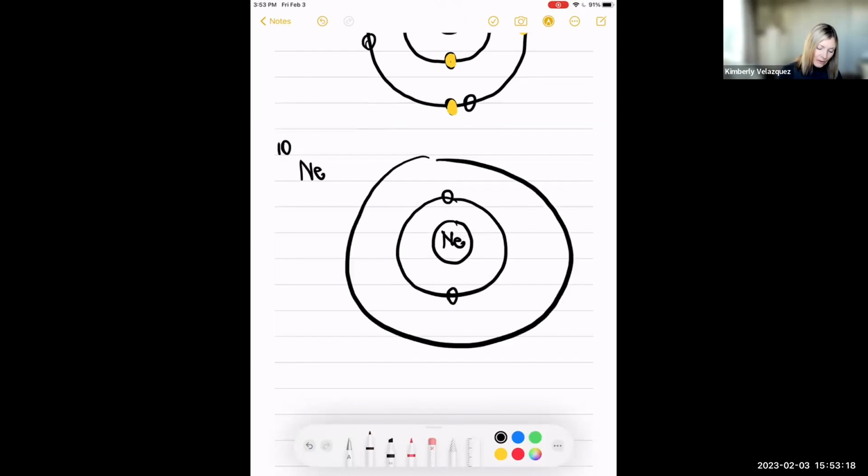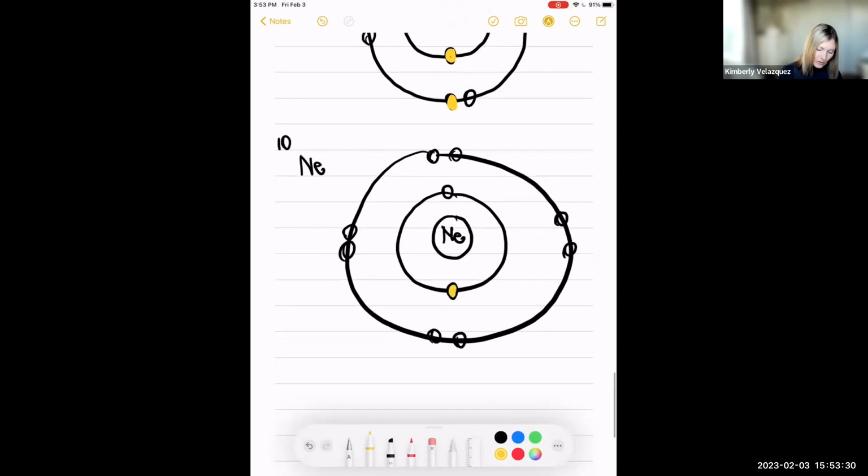Second electron shell holds a maximum of 8. 1, 2, 3, 4, 5, 6, 7, 8, 9, 10. That means this outer shell for neon, the second electron shell, is full. It can't hold any more electrons.